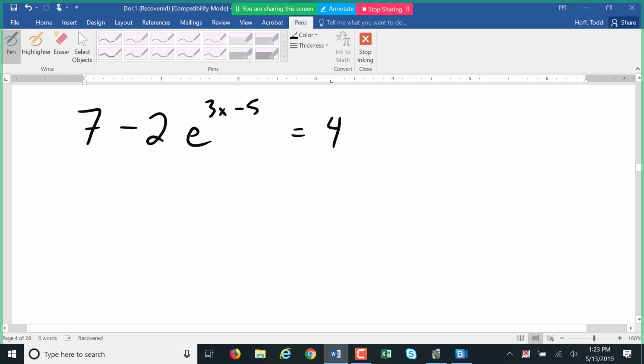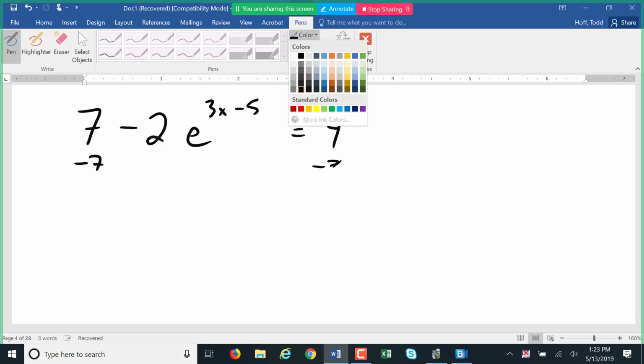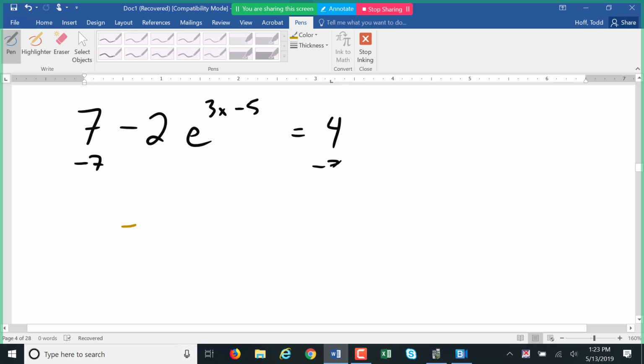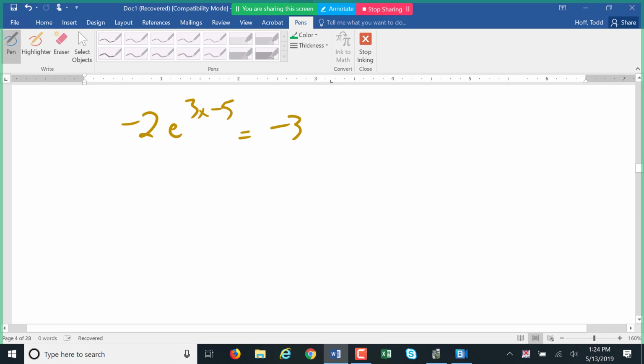What do we do first? Subtract 7. Good. So that gives us negative 2 times e to the 3x minus 5 equals negative 3. And then we divide by negative 2.